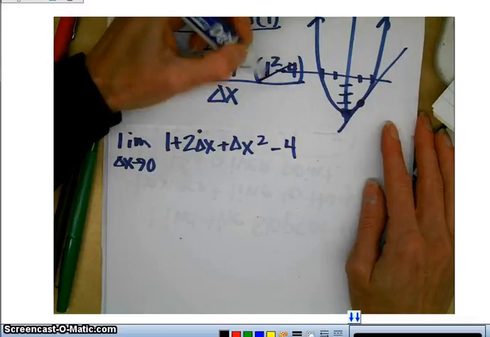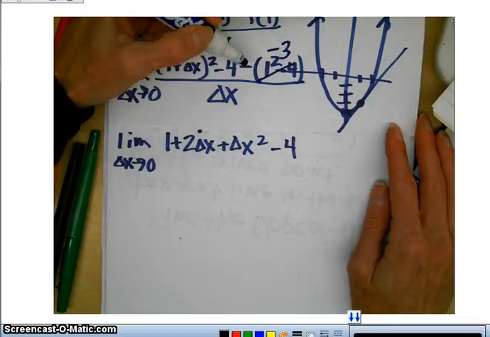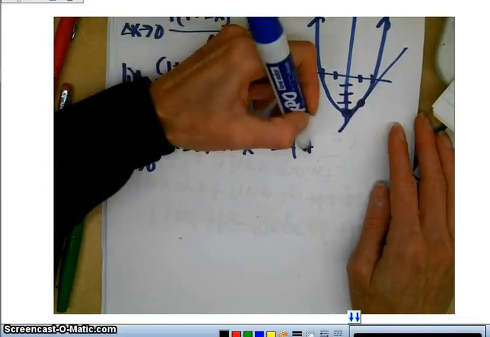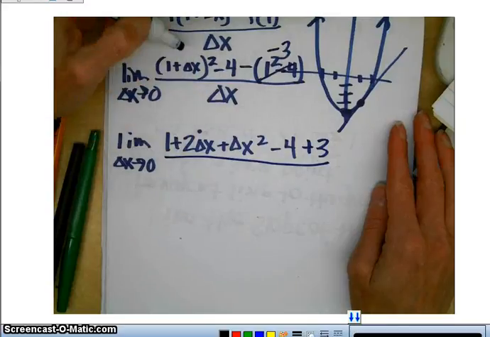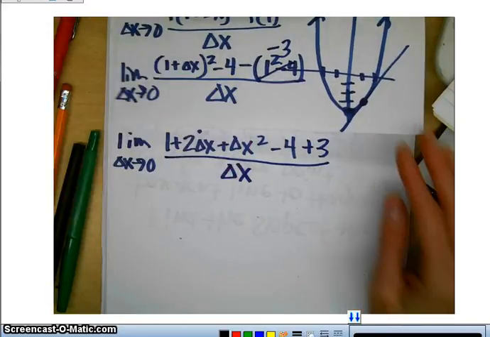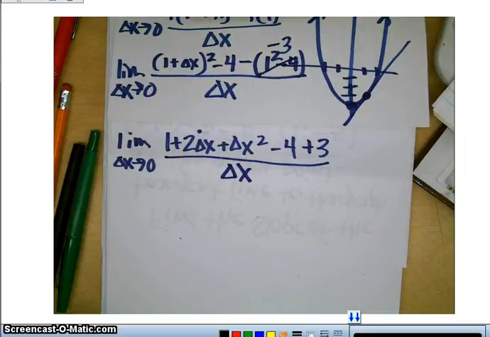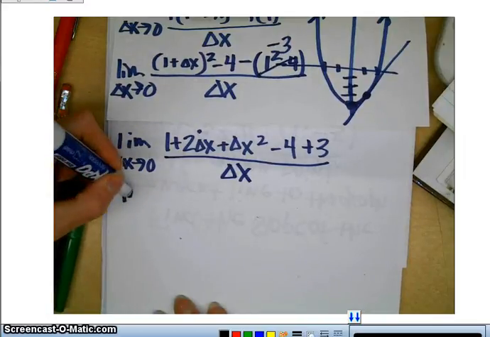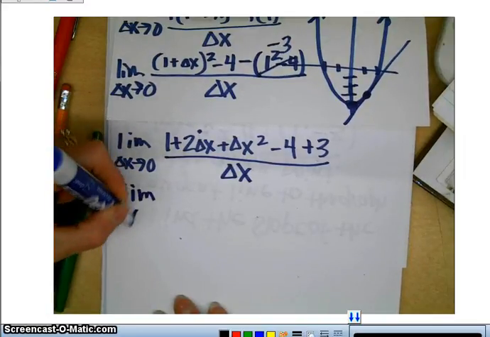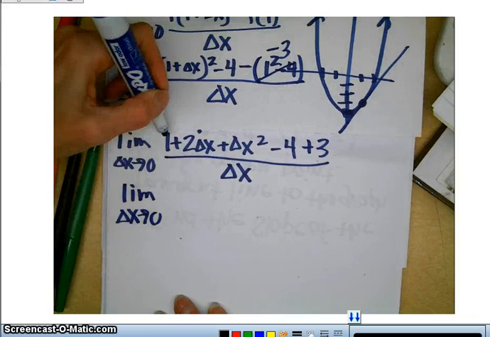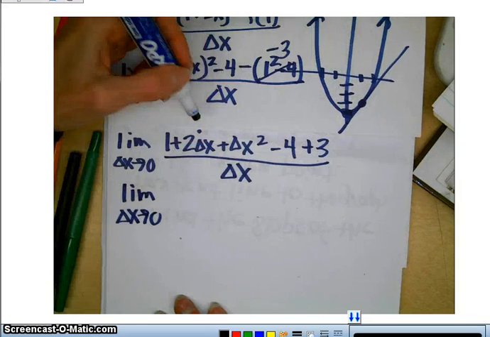It is negative 3. Minus a negative 3 is plus 3. That's got delta x on the bottom. Tell me what else I can do on the top. Combine the like terms. 1 minus 4 plus 3 is 0.